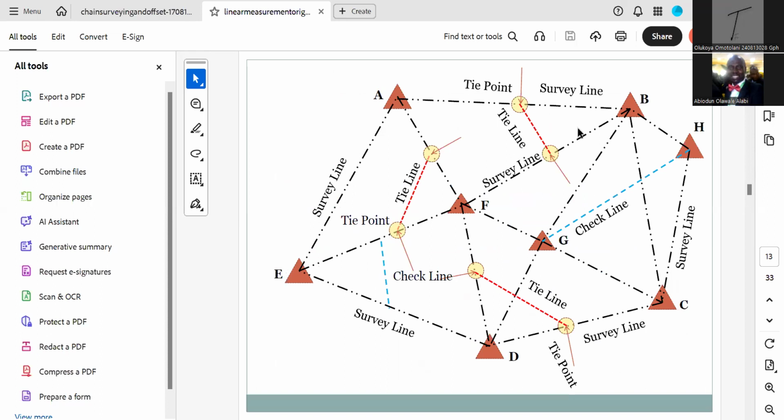These are the main stations: A, B, H, C, D, E. These are the main stations because these are the stations that define the property, the area.